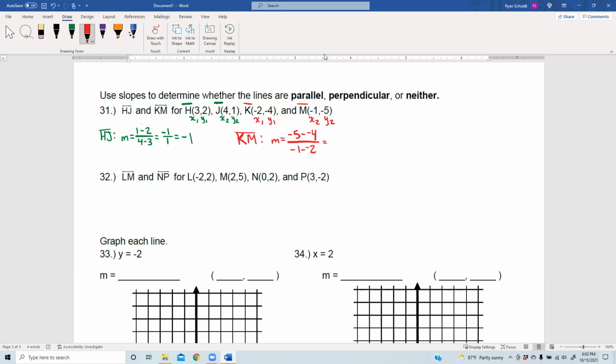That's going to be, let's see, negative 1 over 1, just negative 1. Now I've got to compare my slopes. So for the first one, I got negative 1. For the second one, I got negative 1. So that means these are parallel. They're the same slope.